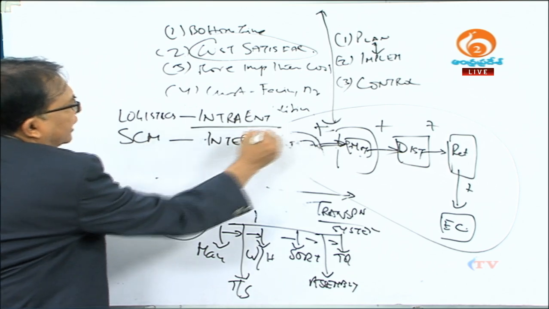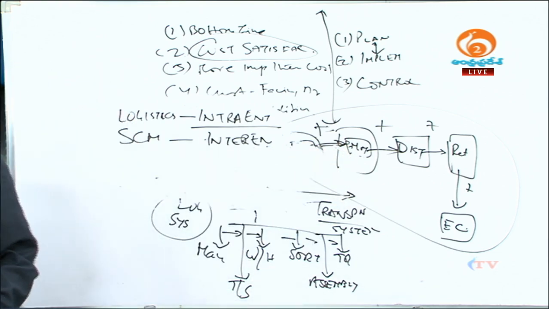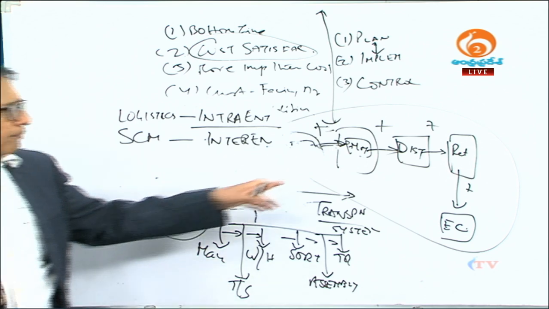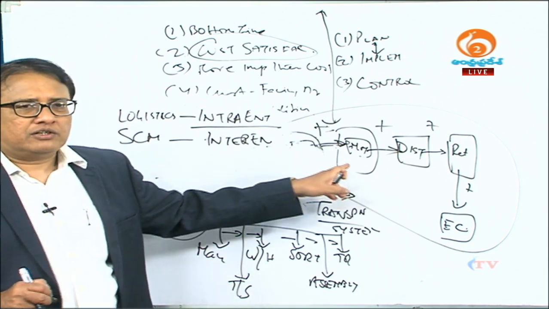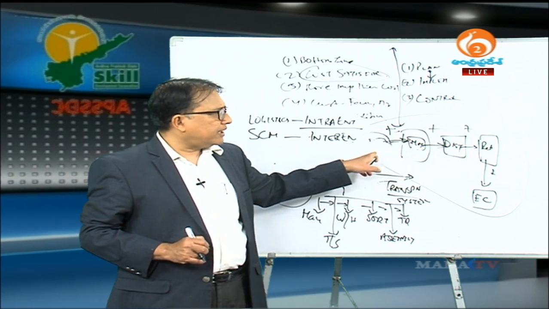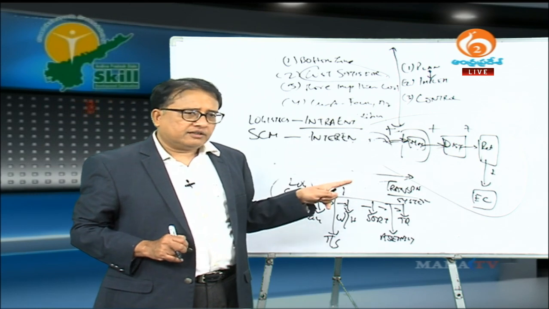Now, what is intra-enterprise? That means within the enterprise, within a particular organization, management involved in managing logistics within the organization, a supplier or a manufacturer or a distributor or a retailer.